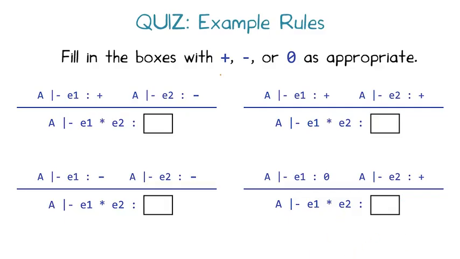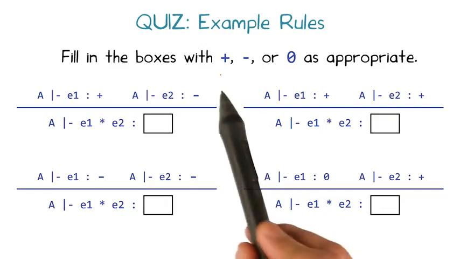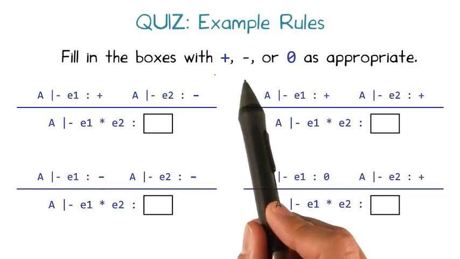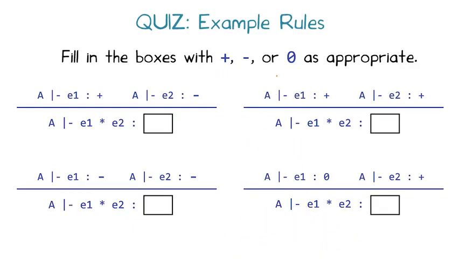As a quick check of your understanding, enter the appropriate abstract value for the conclusion of each of these 4 inference rules. Enter either the plus symbol, the minus symbol, or the number 0. Recall that a positive number times a negative number should be a negative number, and so we write down the abstract value of this expression as minus.